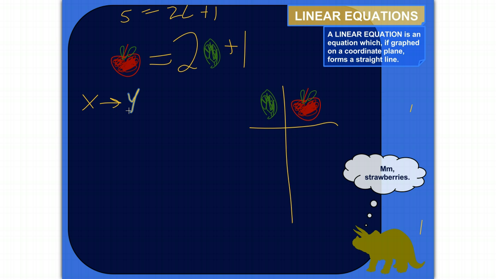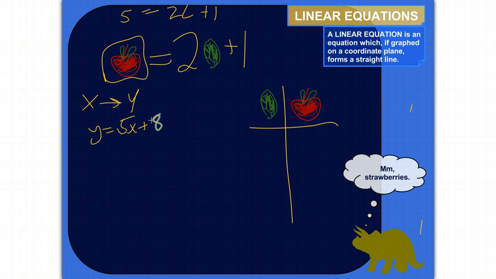Okay. So in this case, what's my output variable? Well, usually if a variable is by itself on one side of the equal sign, that's a pretty good giveaway that that's the output variable. You might see an equation like y equals 5x plus 8.